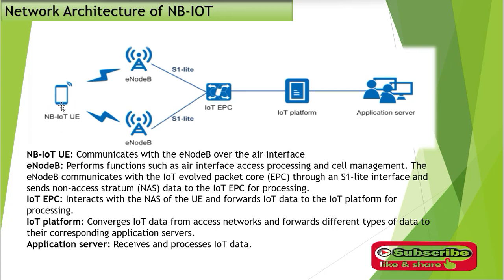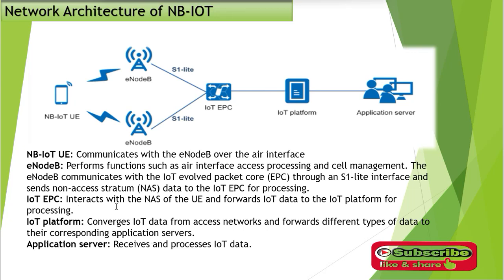So first let's try to know about the IoT device or IoT UE. It communicates with the eNodeB over the air interface, and the eNodeB performs functions such as air interface access processing and cell management. The eNodeB communicates with the IoT evolved packet core through the S1-lite interface and sends non-access stratum data, which is called NAS data, to the IoT EPC for processing.